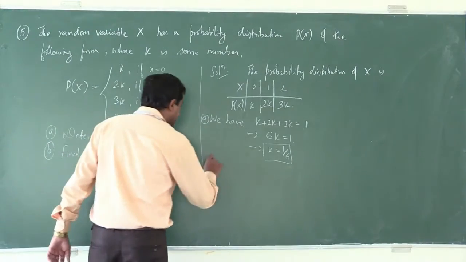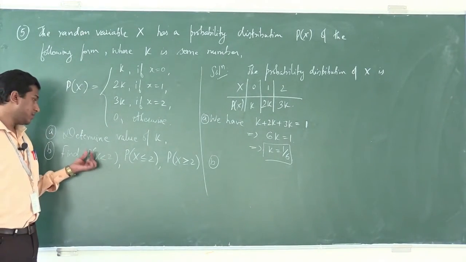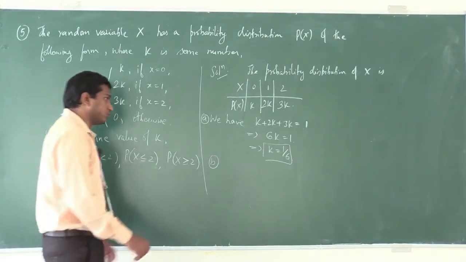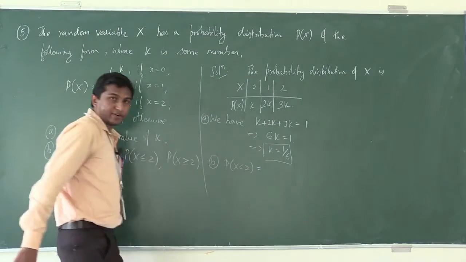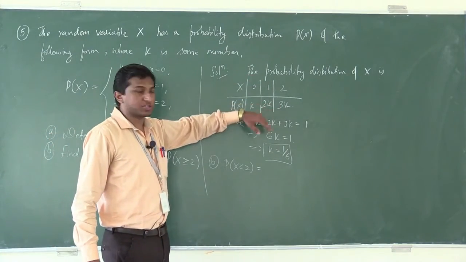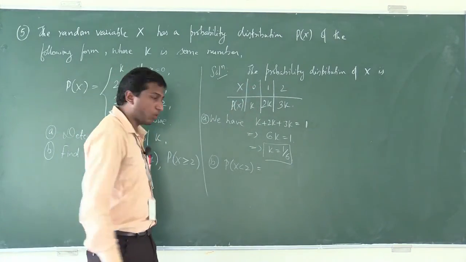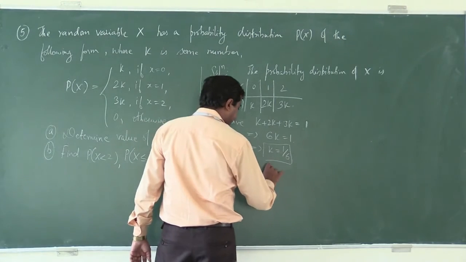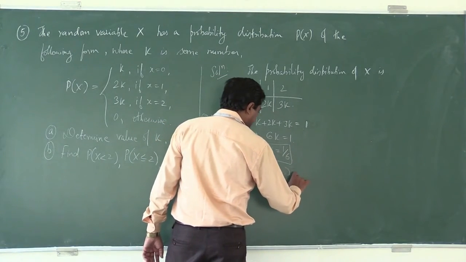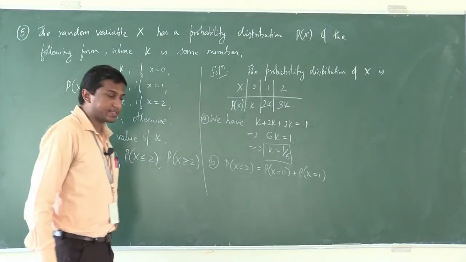Now look at subquestion B. What is the first question in subquestion B? P of x less than 2. Look at the probability distribution. Which are the possible values less than 2? 0 and 1. So I can write P of x less than 2 is nothing but P of x equals 0 plus P of x equals 1.